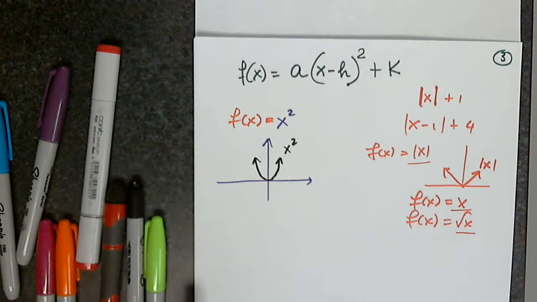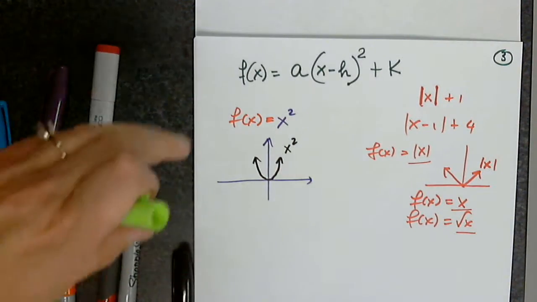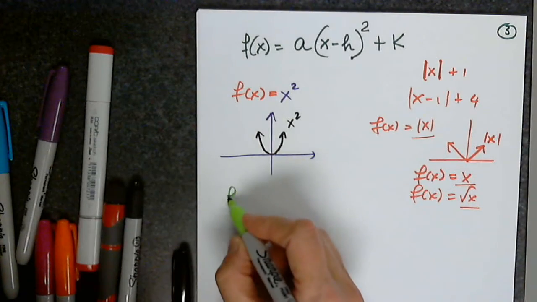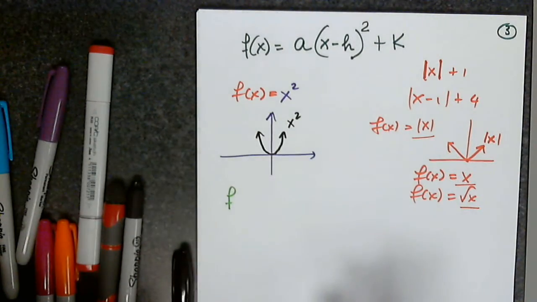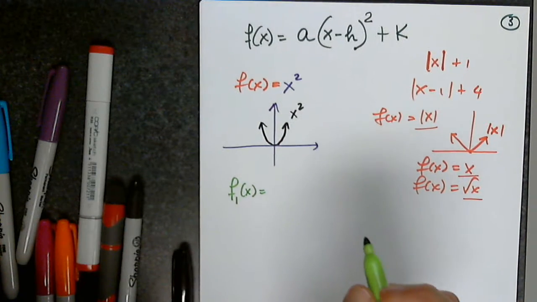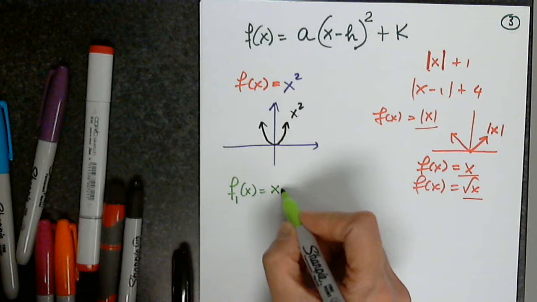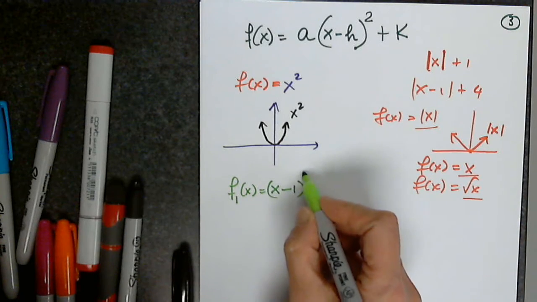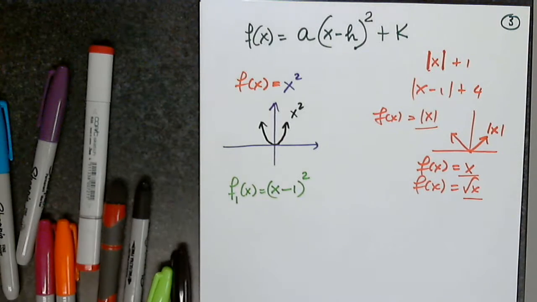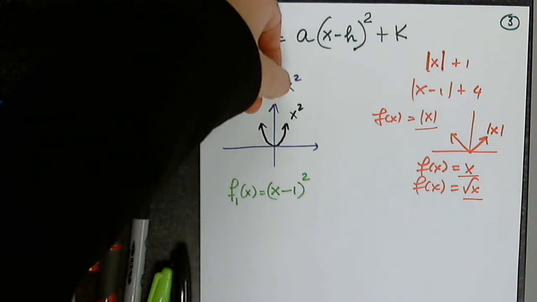Okay. Now, I want a new function. I'm going to look at it and ask you, where do you think we will graph? Since I don't want all of them to be f, I'm going to call this one f1. Well, let's say I want to graph x minus 1, everything squared. Obviously, I'm changing x, right?